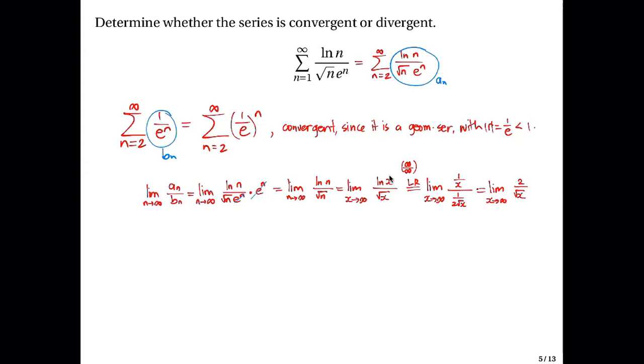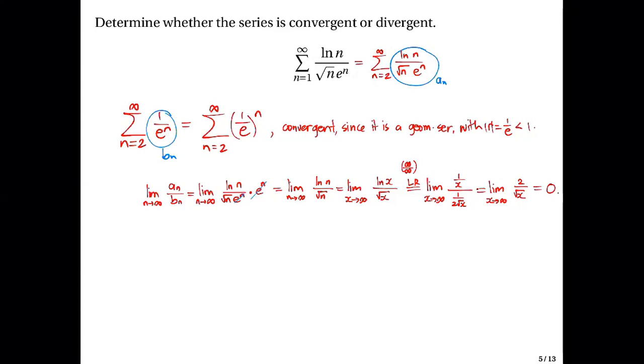Correct? So, isimplify lang natin to. Magkakaroon ka ng square root of x over x, and square root of x over x is 1 over square root of x. So, numerator, it's fixed constant equal to 2. Denominator goes larger and larger. So, this guy here will go to 0.